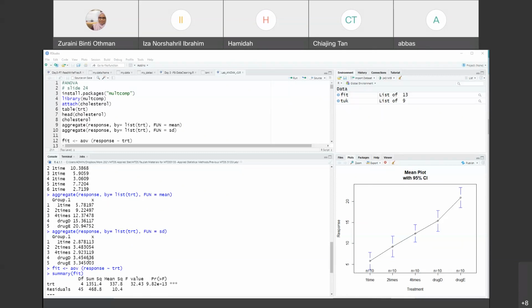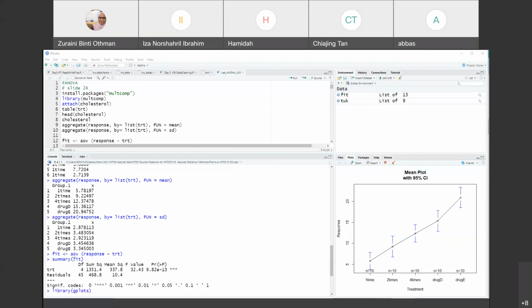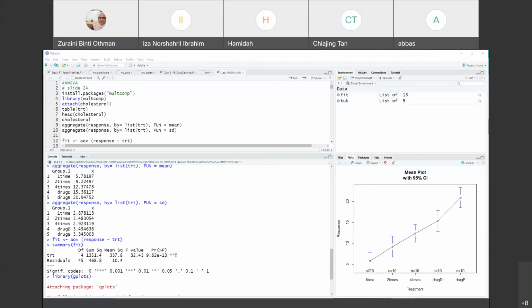And the last one, this is the Anova F test. Okay, so we know that here, this is 3 star, right? 3 star meaning that it is closer to 0.